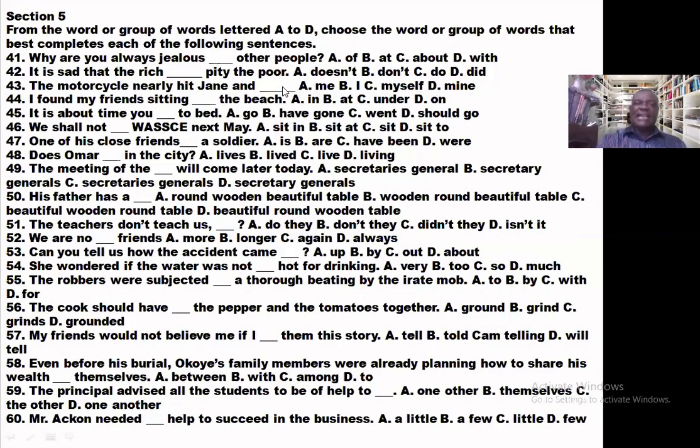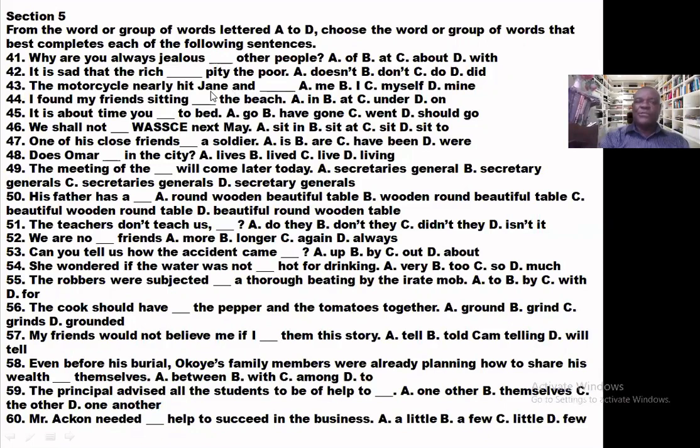Hit Jane and me. Me is the objective personal pronoun, but I is the subjective. You can say, I was nearly hit by the motorcycle, but you cannot say the motorcycle nearly hit I. No, it's ungrammatical. So the objective form is me.